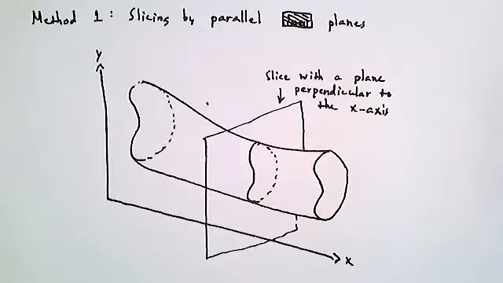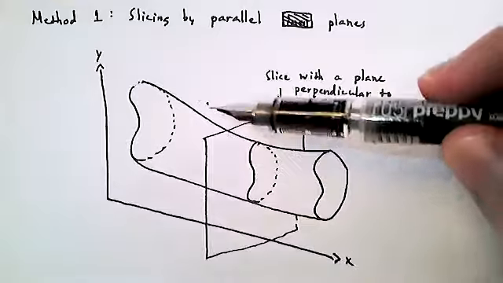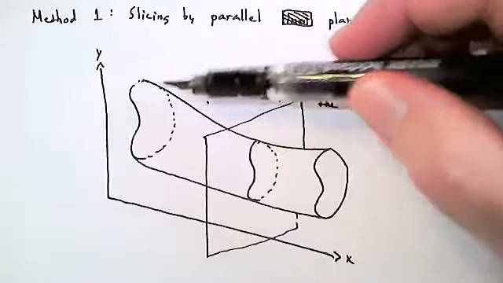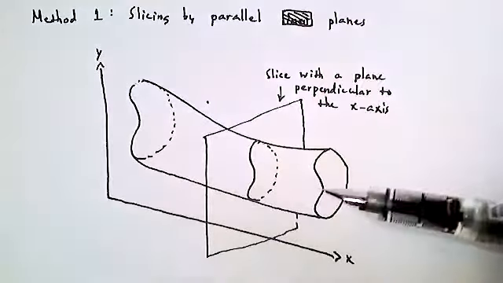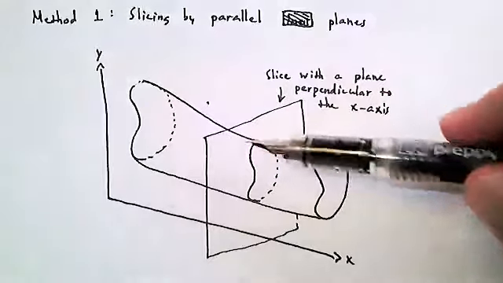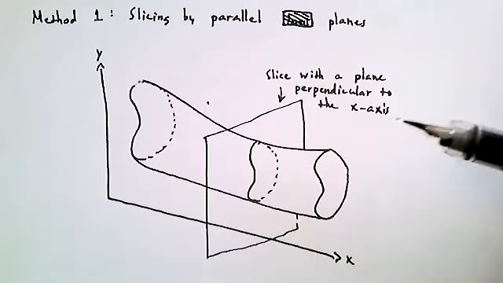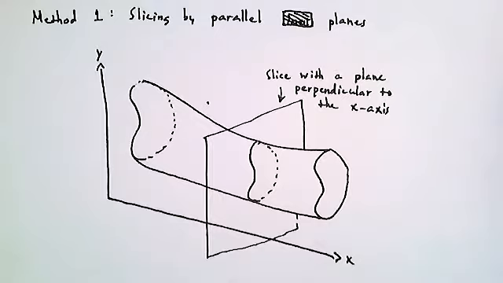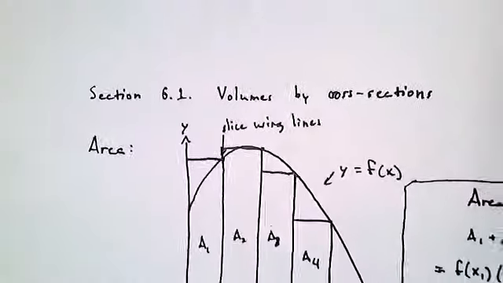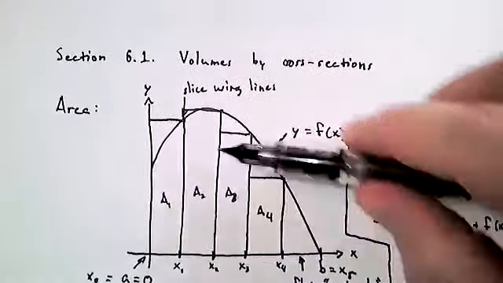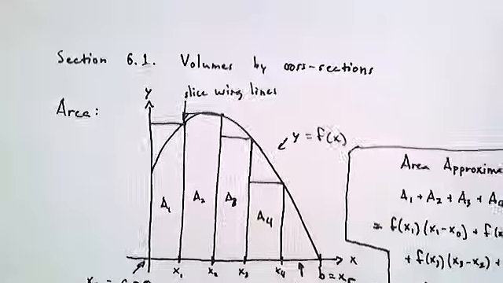And I'm not going to be able to make as nice of a picture as I did with the two-dimensional shape, but what I want you to imagine is that I could draw lots of planes on this three-dimensional figure and divide it up into segments, just like we divided up our two-dimensional figure. So I drew lots of vertical lines.